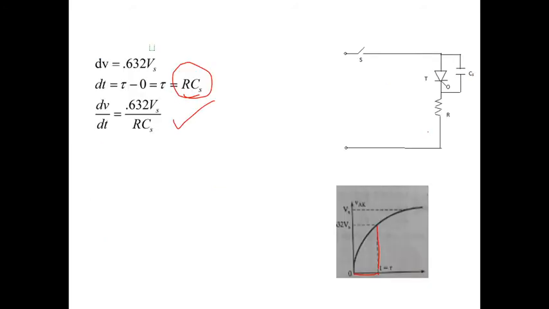So we have learned what dV/dt is. This is a simple term. We have reduced the dV/dt by connecting a capacitor across the SCR.